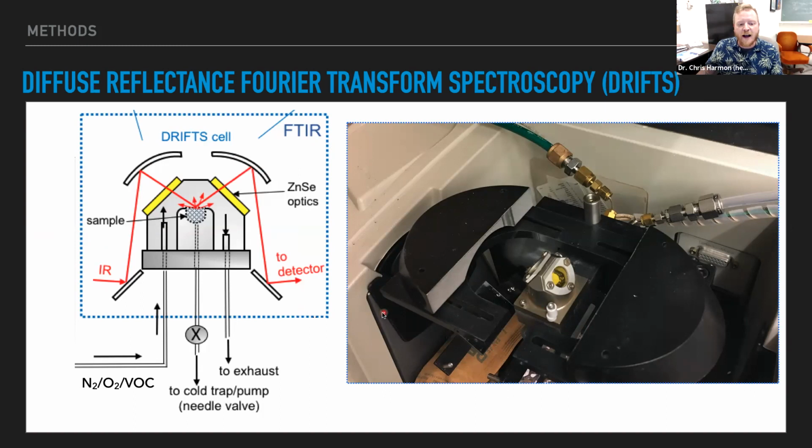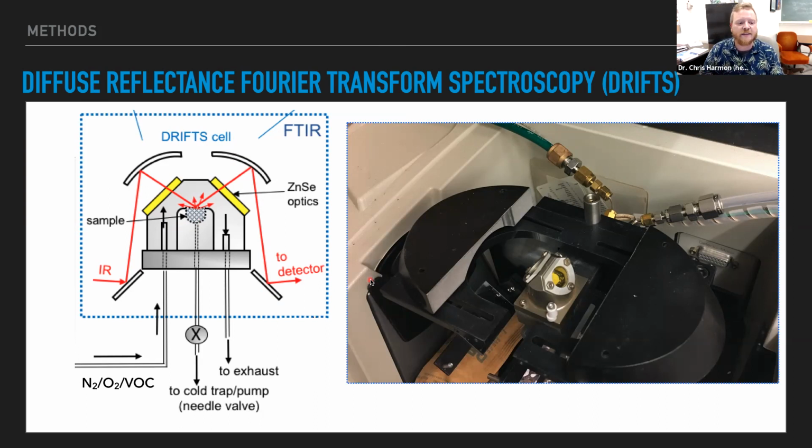And it's got a convoluted set of optics where an IR beam is first bounced off of one mirror. It goes through our infrared transparent zinc selenide optics. We use zinc selenide because it's chemically inert to oxidants and it doesn't interact with water particularly strongly. And so we'll get this diffuse reflectance right off of our sample. And these elliptical mirrors will then focus that beam on another mirror and send it off to the detector.